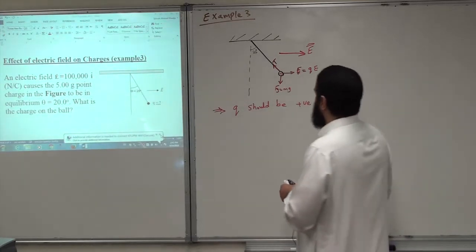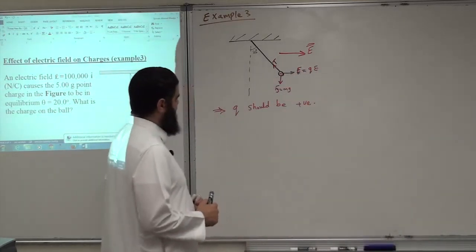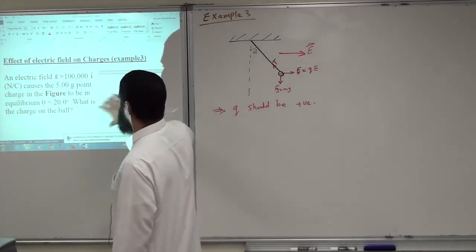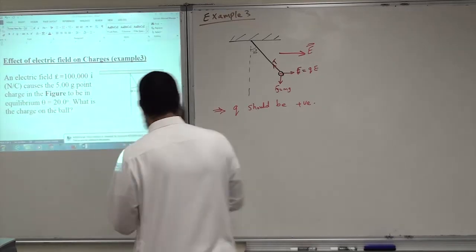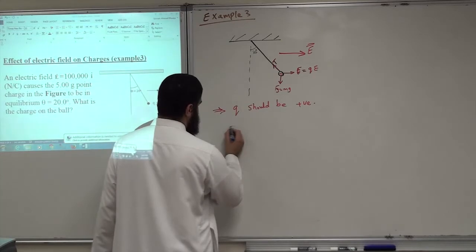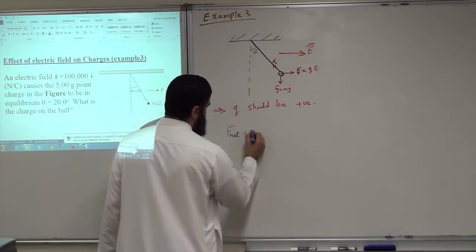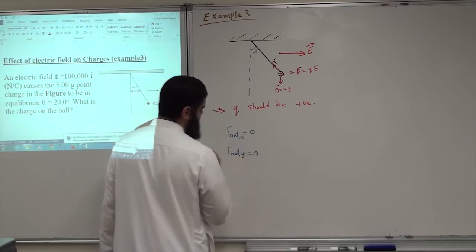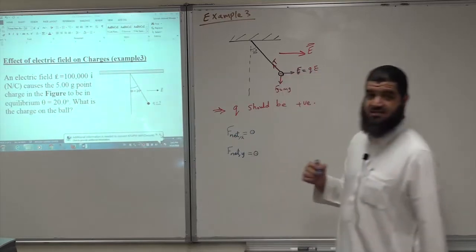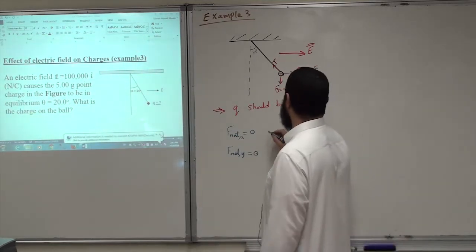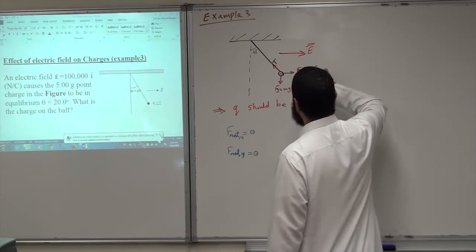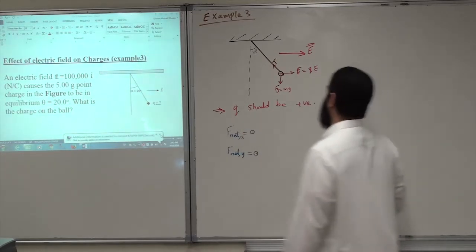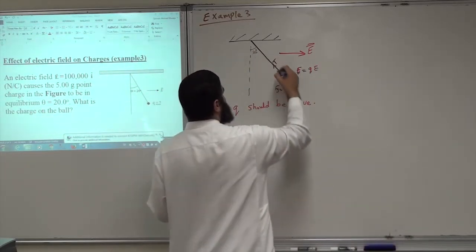So Q should be positive, and a very important point here is that this particle is at rest in equilibrium, meaning that the net force on it should be equal to 0. So F net along X should be equal to 0, and also F net along Y should be equal to 0. Why did I say this? Because it is in equilibrium. But what are the forces along X? This force is along X, this is along negative Y, but this tension is neither on X nor Y. I have to analyze this tension into two components.